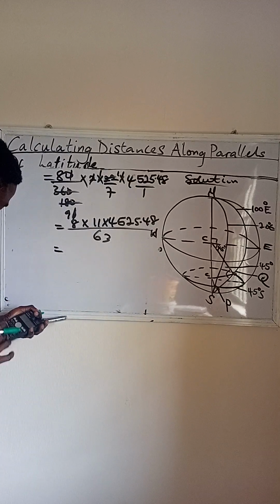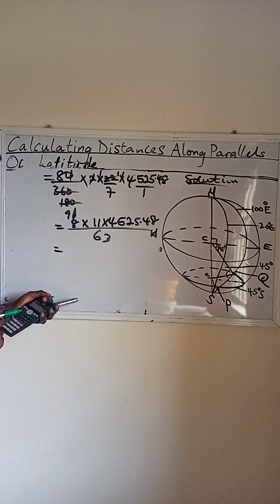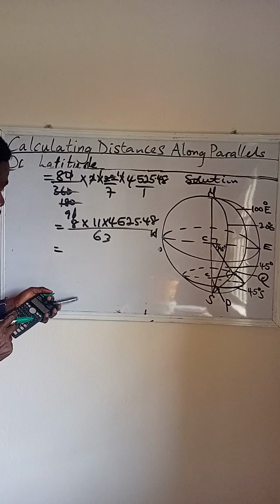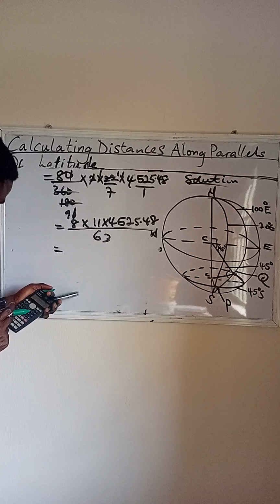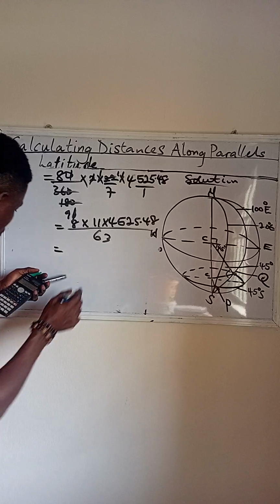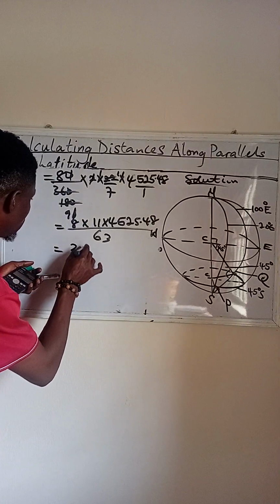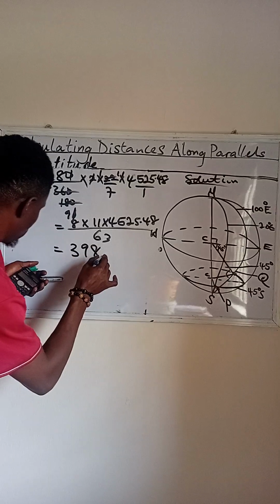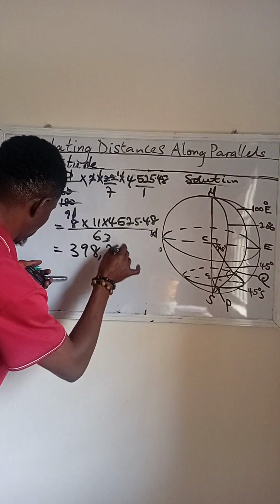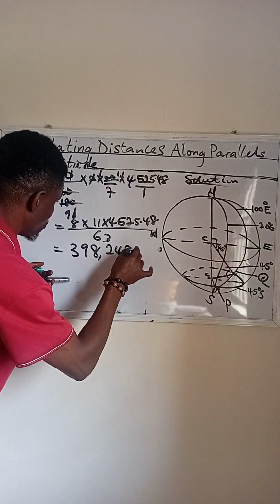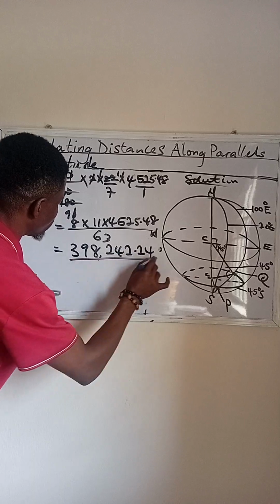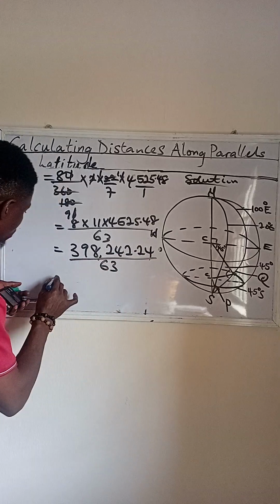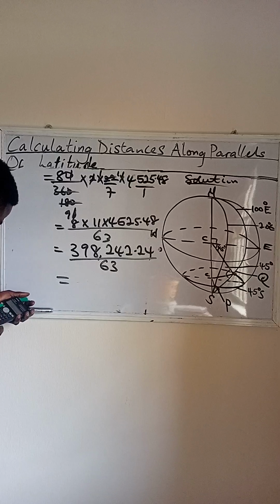So we have 8 times 11 times 4,525.48. So this one will give us 398,242.24, then divided by 63. So when you divide it by 63, what is the answer?